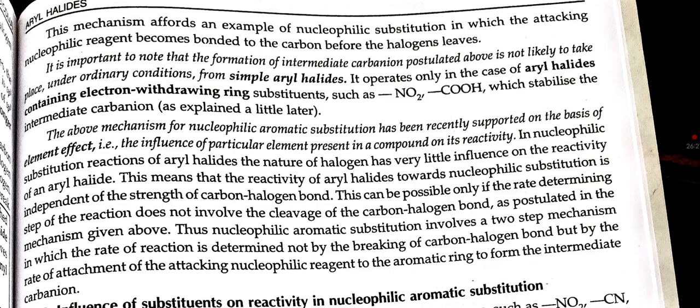This can be possible only if the rate determining step of the reaction does not involve the cleavage of the carbon-halogen bond, as postulated in the mechanism given below. Thus, nucleophilic aromatic substitution involves a two-step mechanism in which rate of reaction is determined not by breaking of carbon-halogen bond but by rate of attack of the nucleophilic reagent on the aromatic ring to form the intermediate carbanion.